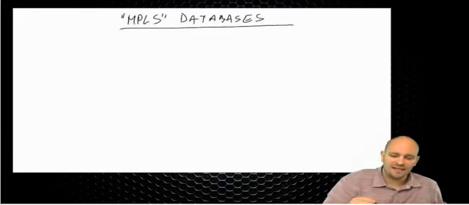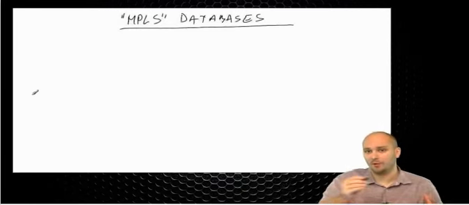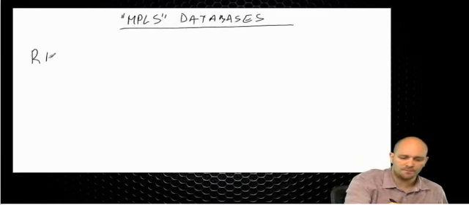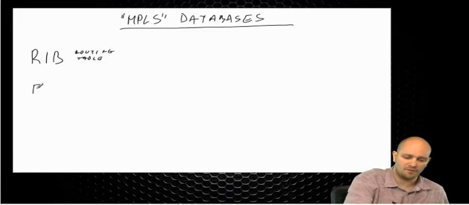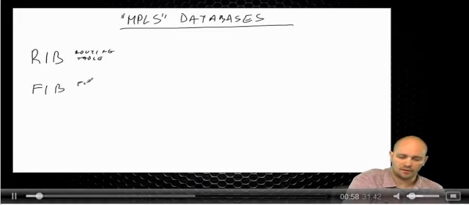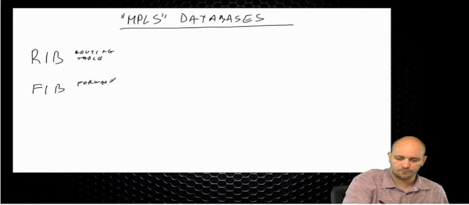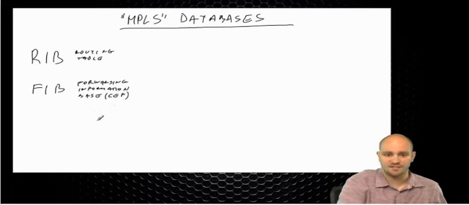So the databases that we actually care about when we talk about MPLS are the RIB, also known as the routing table. We have the FIB, which is the forwarding information base, and in most cases these days in Cisco routers this is CEF.